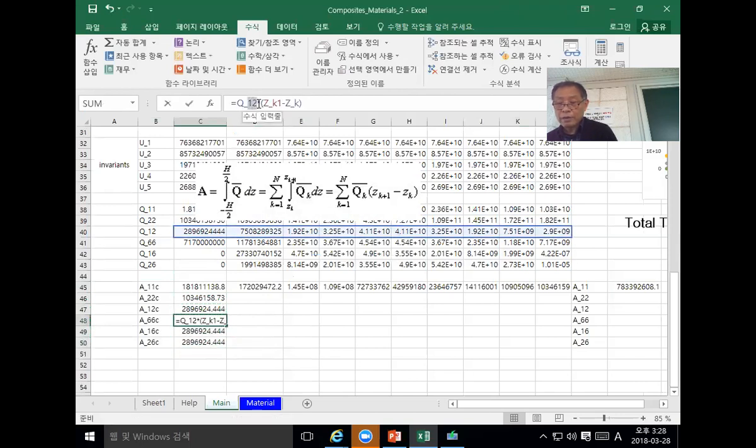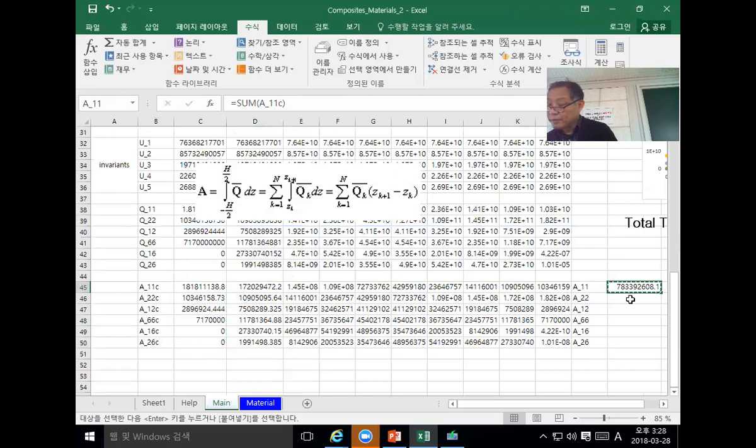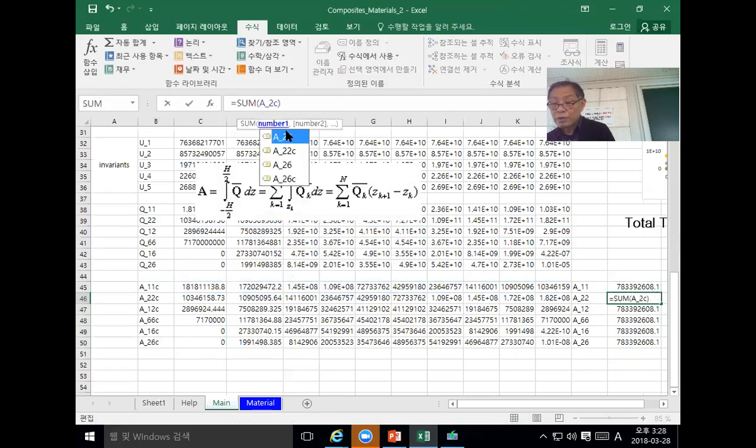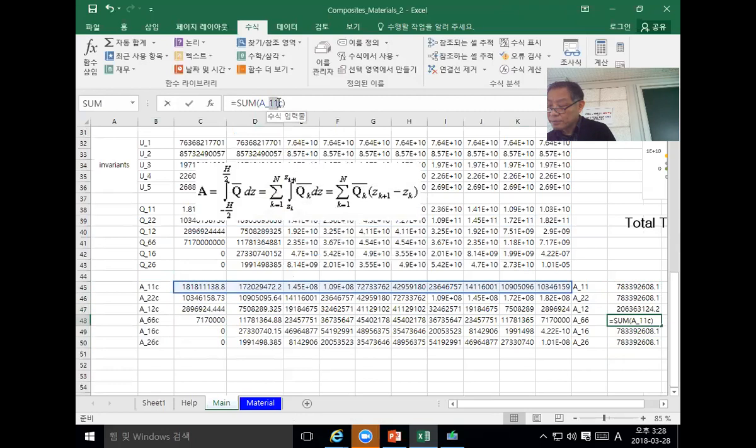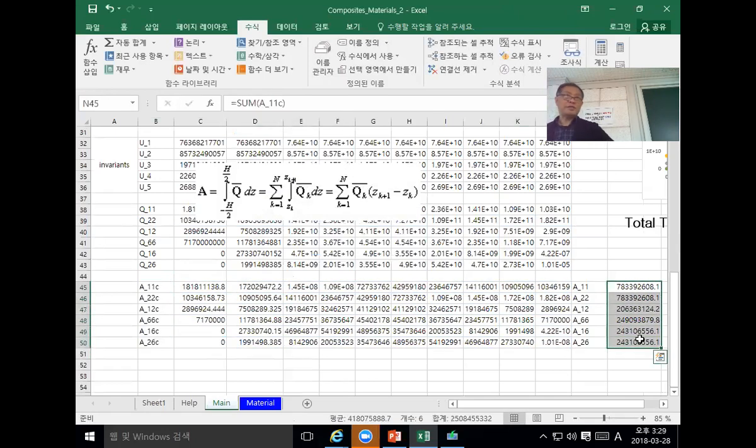Here, instead of 6, 6, and 1, 6, and 2, 6, just copy and paste, and here we just integrate to 2, 1, 2, and 6, 6, and 1, 6, and 2, 6. Okay, so this is the A matrix.